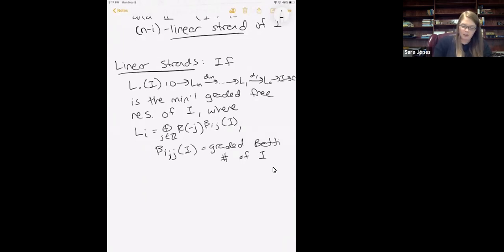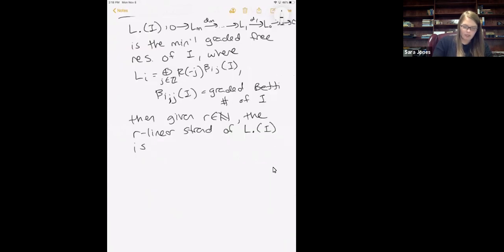And so if you're given R, the R linear strand of the free resolution is given by this sequence.